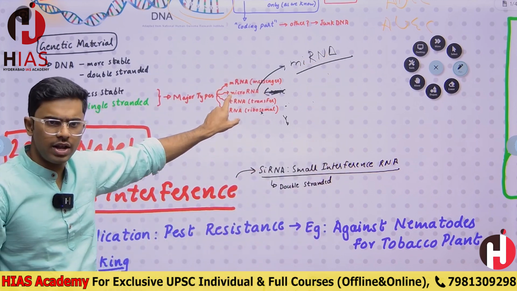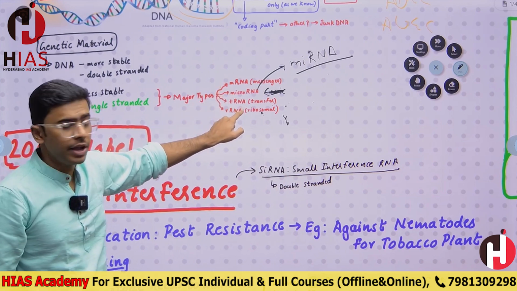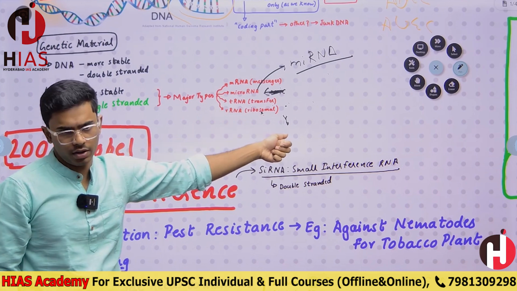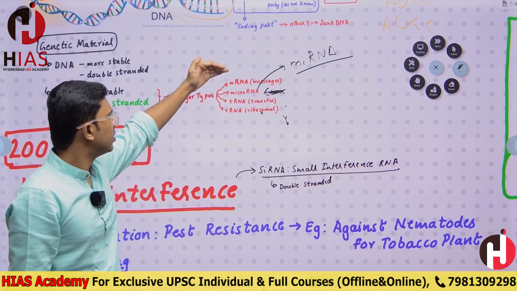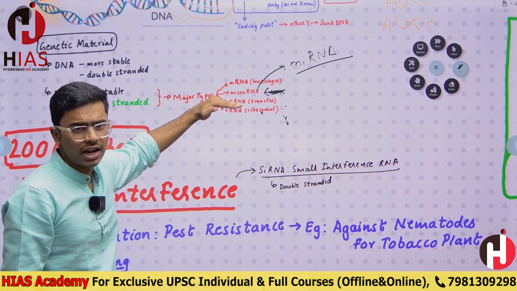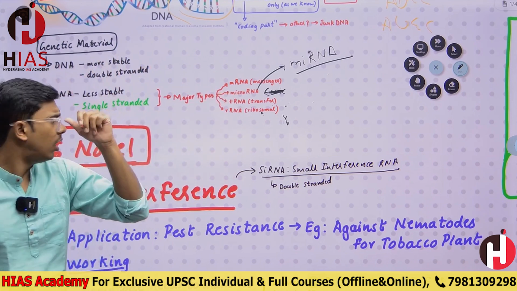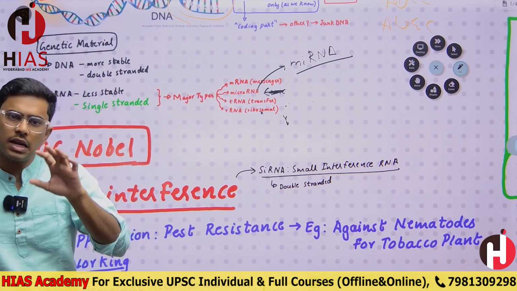First there is messenger RNA, then microRNA, then transfer RNA, and then ribosomal RNA. Okay, messenger, micro, transfer, ribosomal. Clear? Any doubts until there? Because after this point it's going to get a little complex.